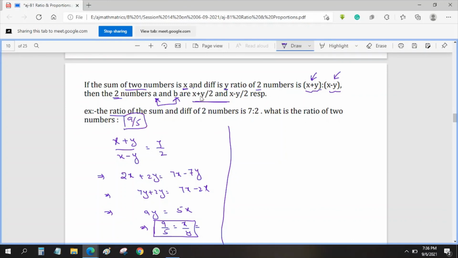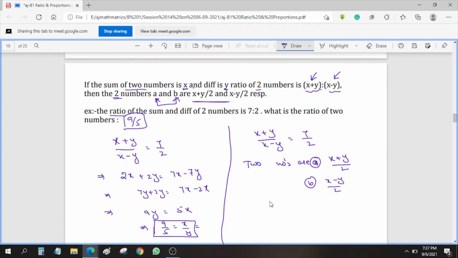But if you remember the formula, here x plus y by x minus y is given as 7 by 2. Now the two numbers are simply x plus y by 2, this is a, and b is x minus y by 2.